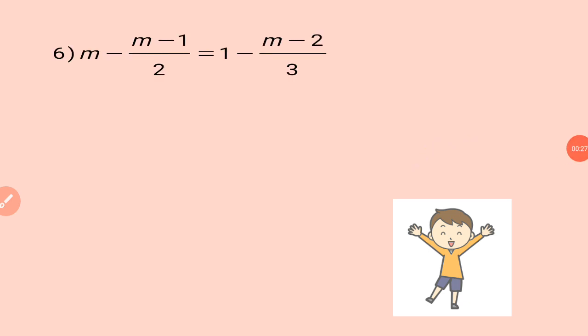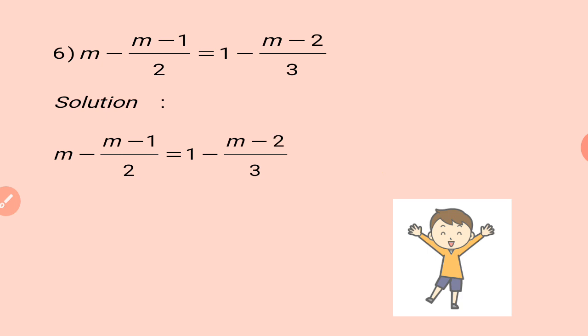Now the sixth question is (m minus 1)/2 equal to 1 minus (m minus 2)/3. There are various methods of solving it. The method which we are following is finding the LCM.